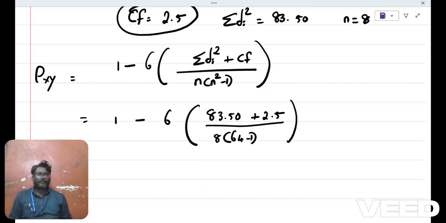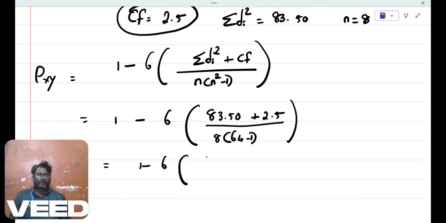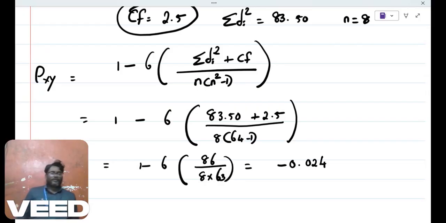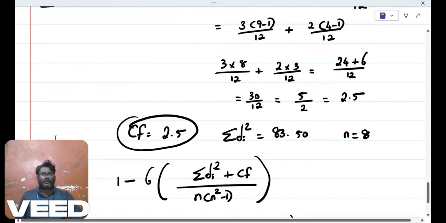So we'll get 1 minus 6 times 83.5 plus 2, 85.5, 86. So 86 divided by 8 into 63. So that will be equal to minus 0.024.